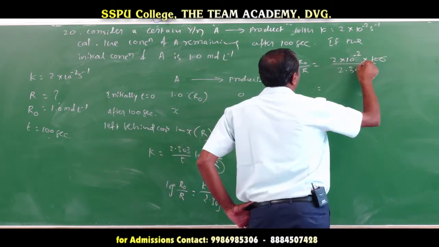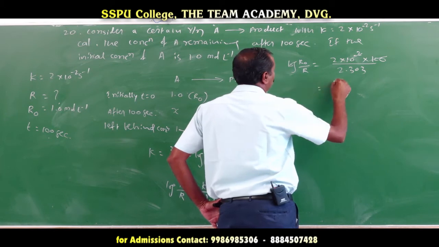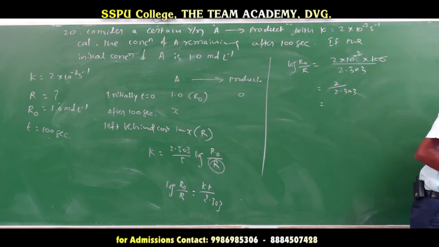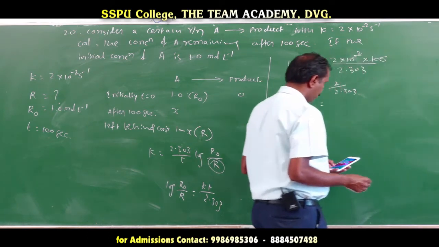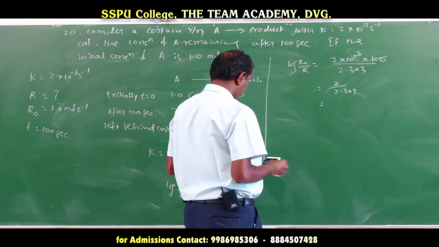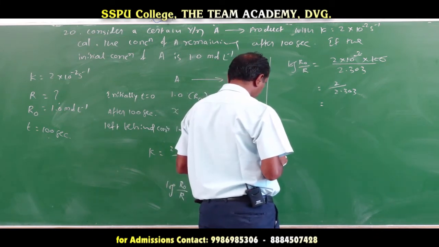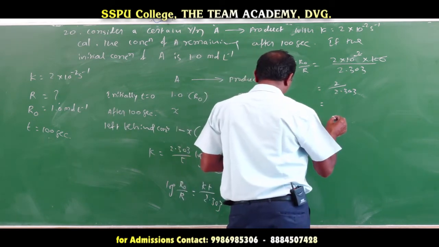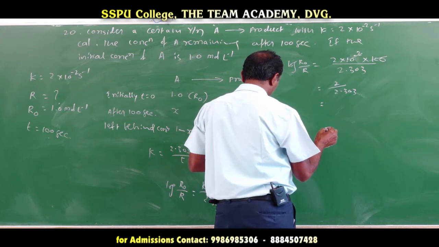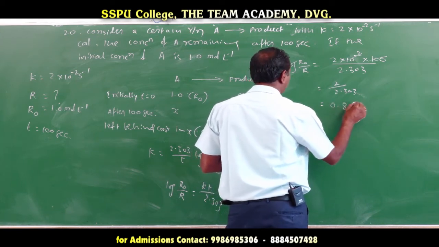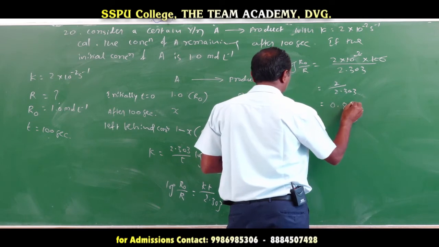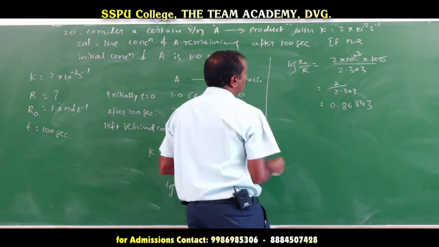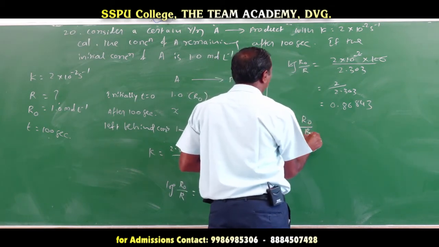The 100 into 10 to the power of minus 2 cancels, leaving 2 by 2.303, which becomes 0.86843.